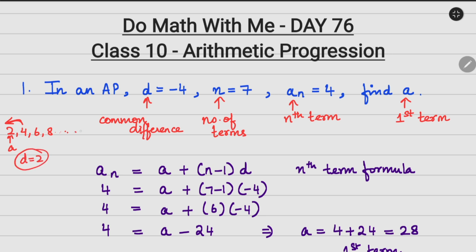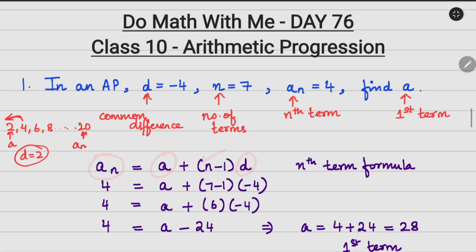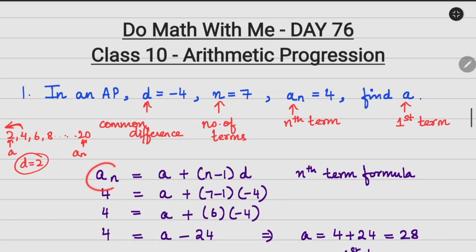And the nth term is the last term. Say for example 20 is the last term. This is your an. So if you know your a, that is your first term, if you know your common difference, and if you know your last term, you can find out n. If you know your nth term, and if you know your number of terms and the common difference, you can find out a, like in this question.